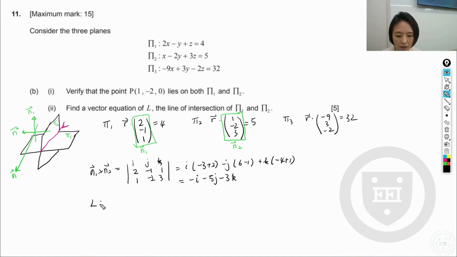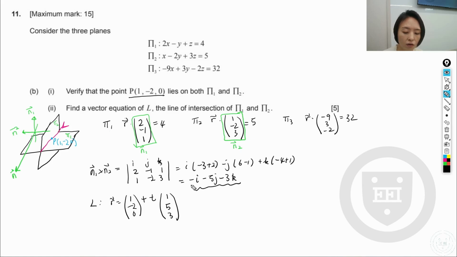So you can write the line equation of L as r equal to a position vector. We have shown that P lies on both pi1 and pi2, so P is (1, negative 2, 0). So the line equation of L will be r equal to (1, negative 2, 0) plus t times (1, 5, 3), where (1, 5, 3) is the direction vector of the line L.